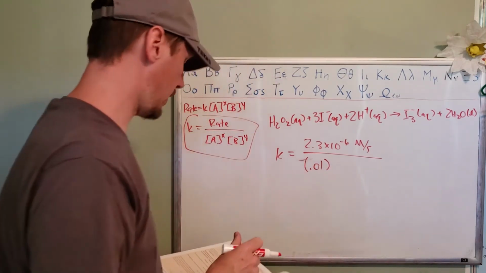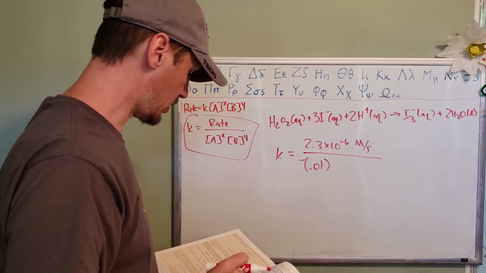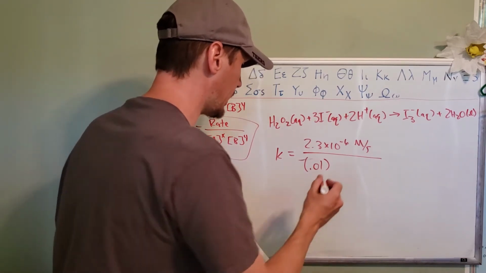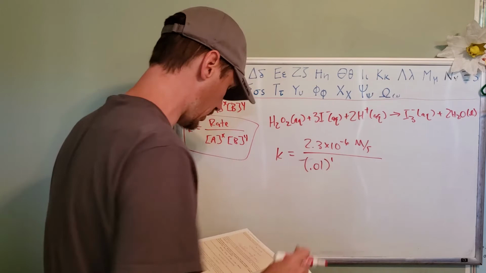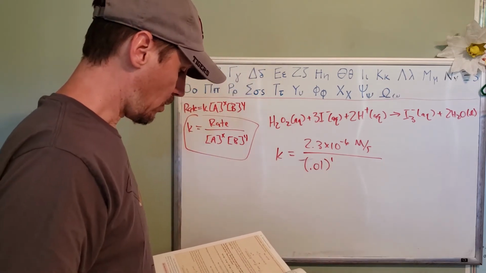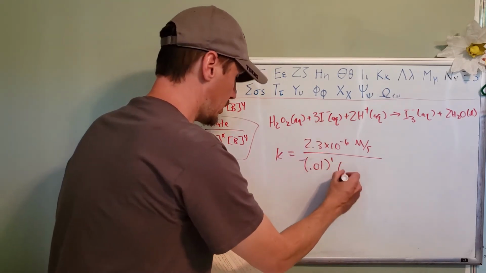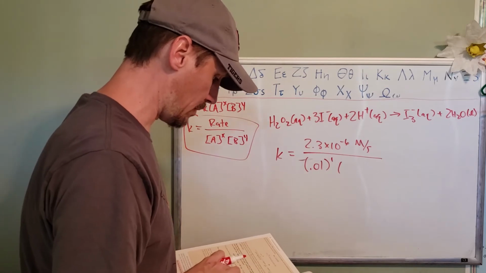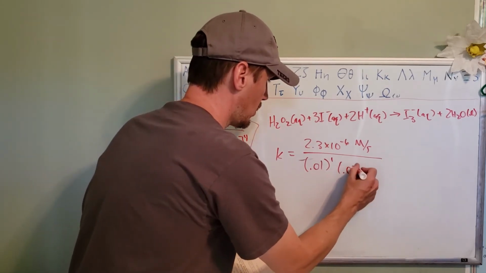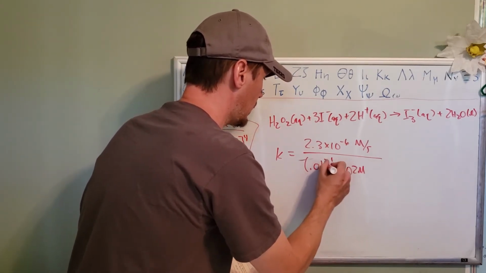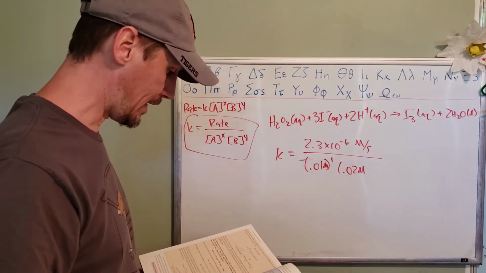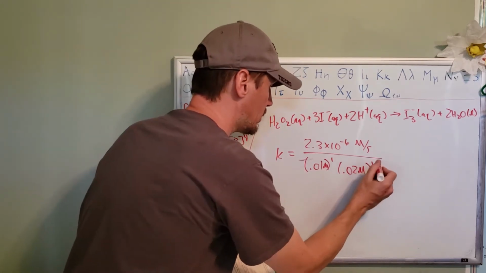And they tell us that the reaction is first order with respect to H2O2, so it's raised to the first power. For I-, the concentration they give us is 0.02 molarity. I forgot my unit again there. Molarity. Again, this one's first order, so it's raised to the first power.